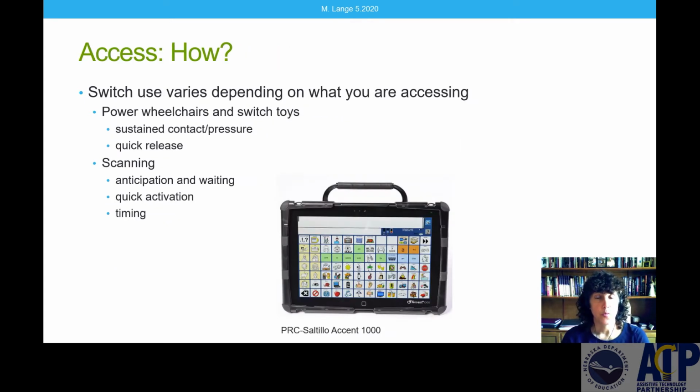Something that's important when looking at switch access is to keep in mind that depending on what we're accessing, we may use the switch or require our client to use the switch in a very different way. So for example, to operate a power wheelchair or a switch toy, the client needs to activate a switch and sustain activation for as long as they want that switch activated device, like a switch toy, to continue operating, or as long as they want to move the power wheelchair in a certain direction.